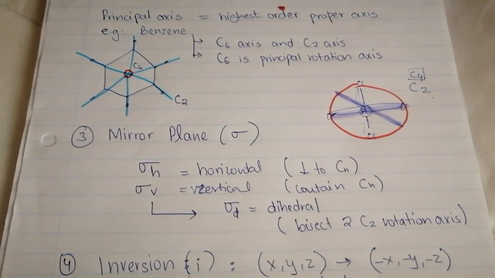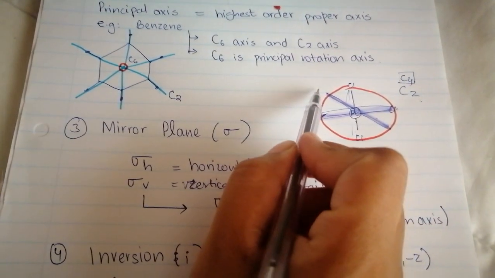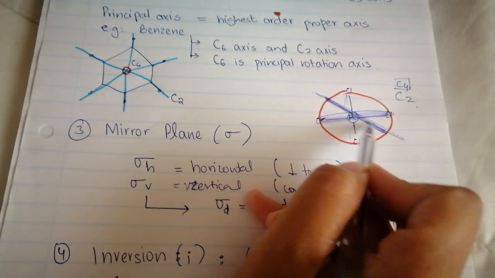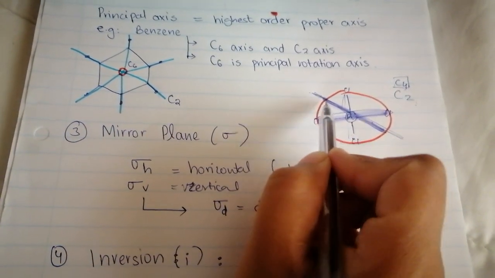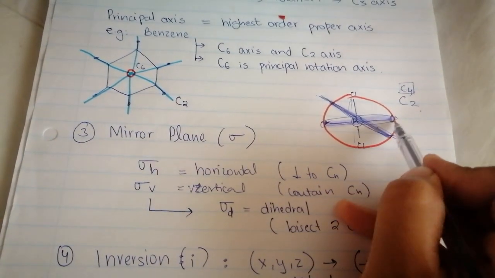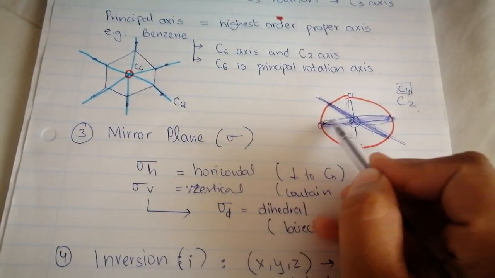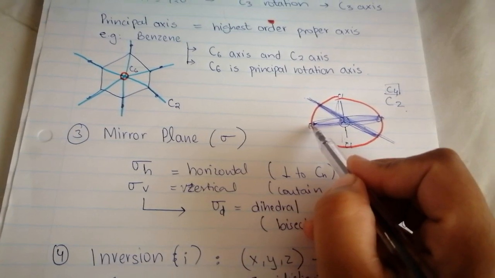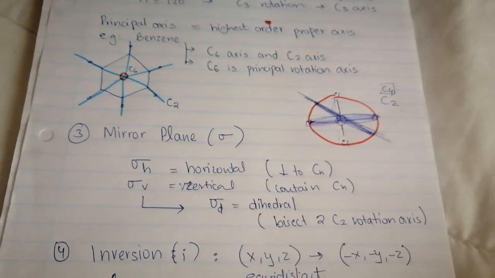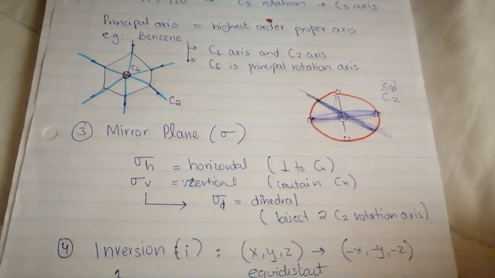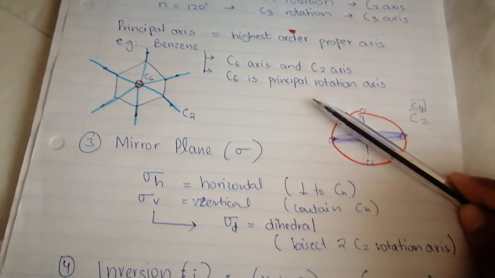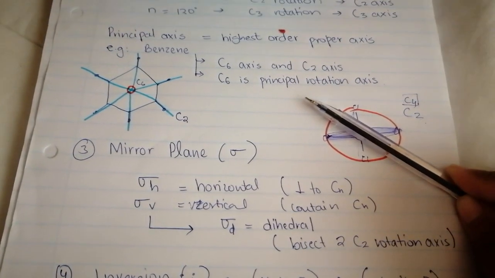Then we talk about the dihedral plane. If I draw a line from here in the platinum chloride, right, this is your vertical line. You can see the vertical angle. On the top is your horizontal angle, right? And we say that the dihedral plane will bisect two C2 rotational axes. So this line is bisecting two C2 rotational axes.